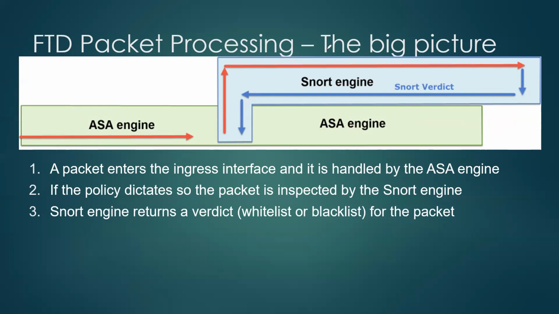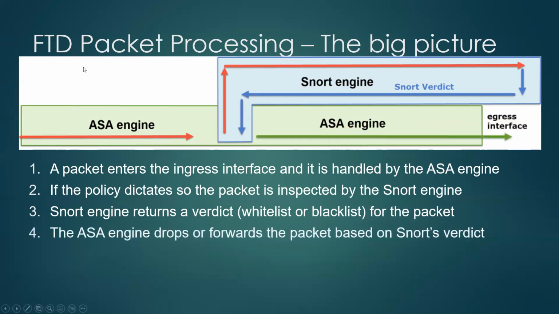But again, if you check what type of inspection we have, in this diagram you can clearly see that we have three different sections. When the packet is coming from the ingress and going to the egress, the journey of the packet is starting.